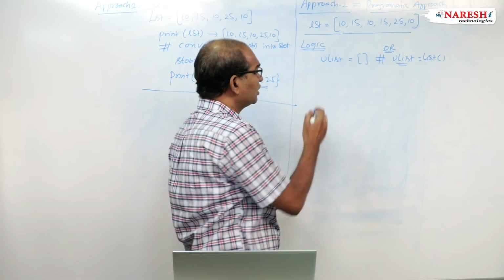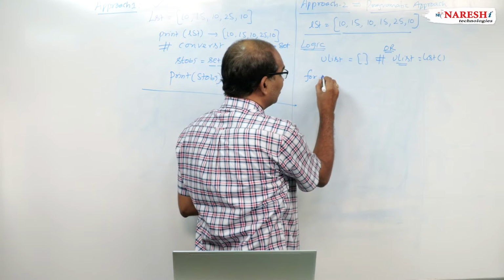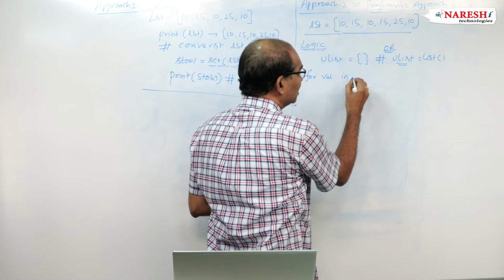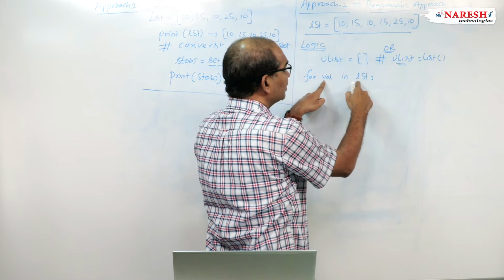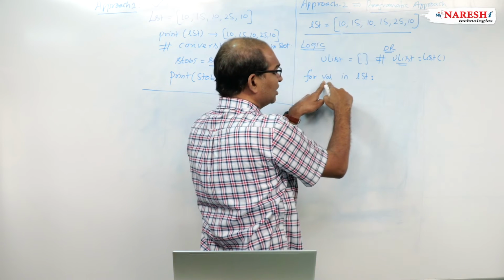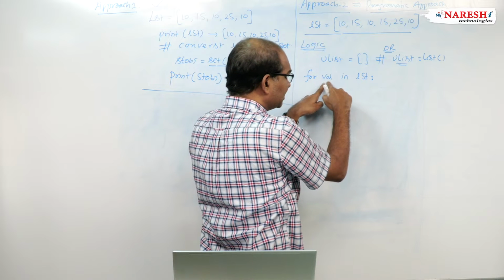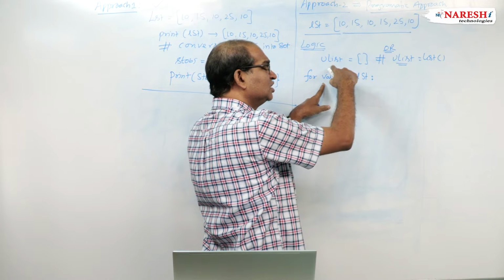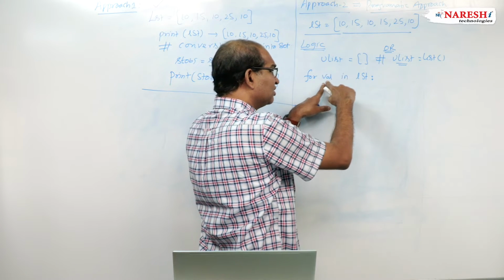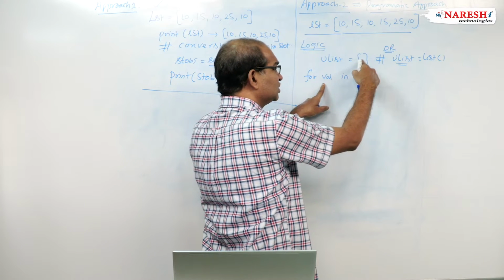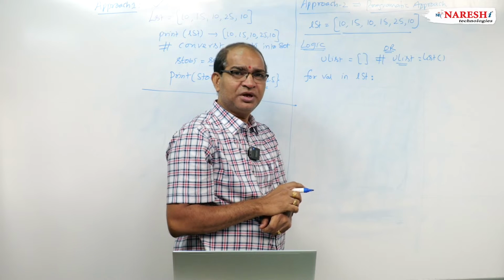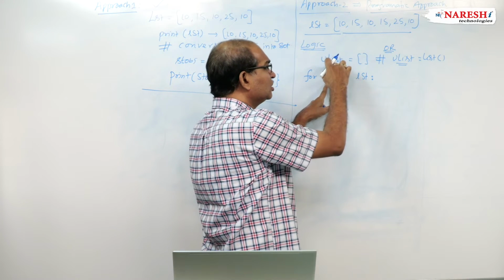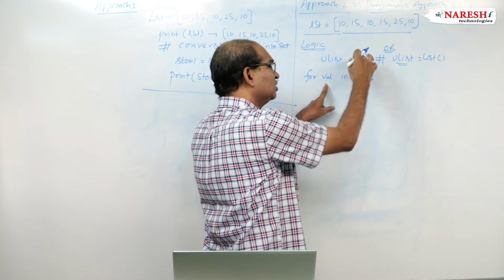Let me write the code here. For val in LST. This will give you the first value from the LST, that is 10. I will check whether it is in uList or not. If that value is not in uList, append that value to uList.